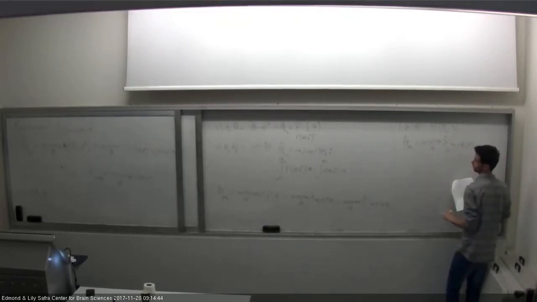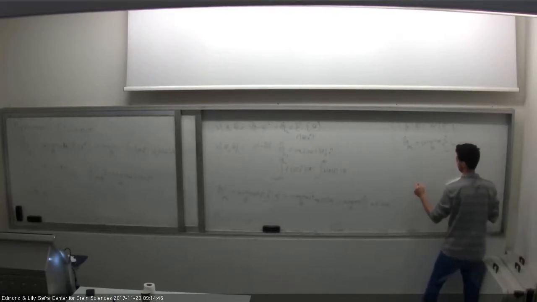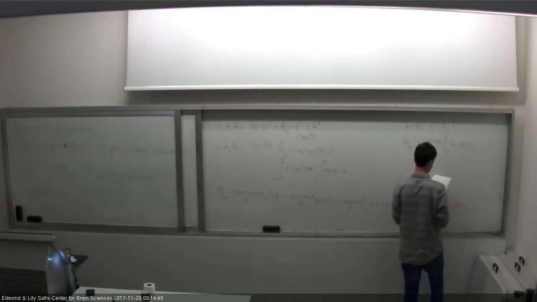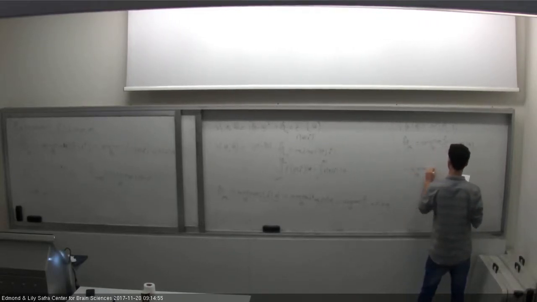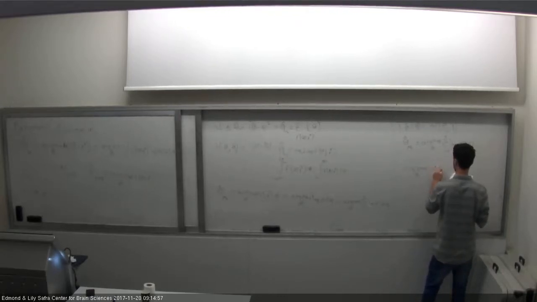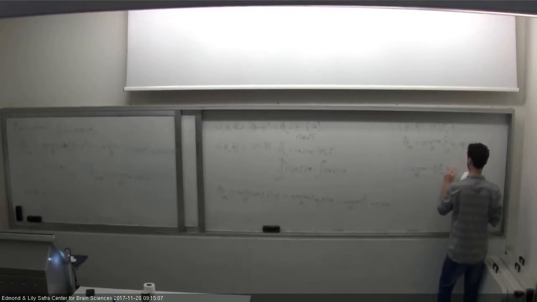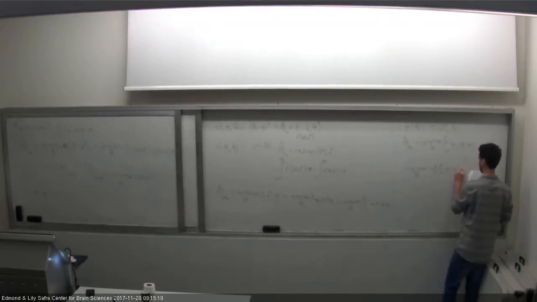In our case, because it's a Gaussian, this is equal to argmax over theta of minus half the sum from 1 to n of (xi minus theta) squared, minus half of log 2 pi.